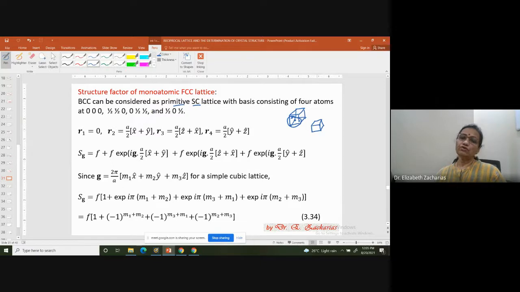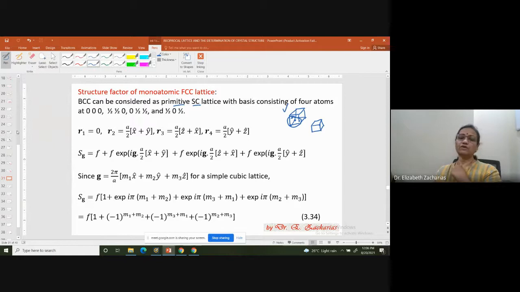If you keep on placing these 4 atoms and proceeding in space, you will get your FCC. But the primitive lattice is simple cubic only, with a basis consisting of 4 atoms.